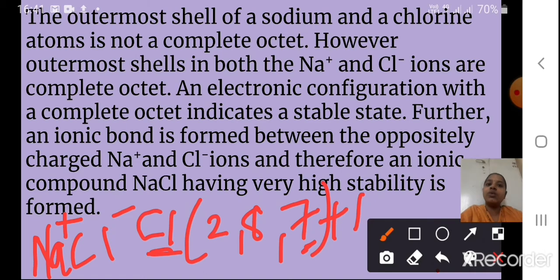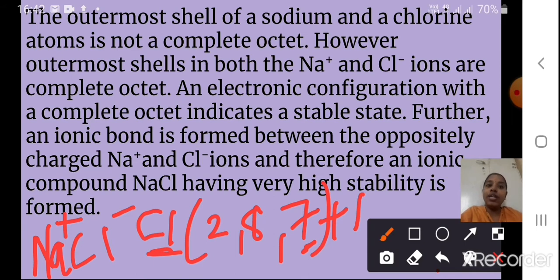Okay, students, so what are you going to get? Na+ and Cl-. Na+ will have a complete octet, and Cl- will also have a complete octet. An electronic configuration with a complete octet indicates a stable state. Yes, they both will become stable.